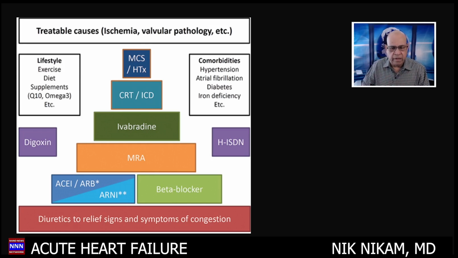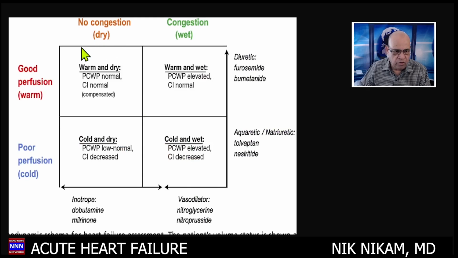That's why an approach that is more based on the presentation, that points to some of the things that are abnormal in a given patient at that particular moment, helps us focus on how we treat these patients.